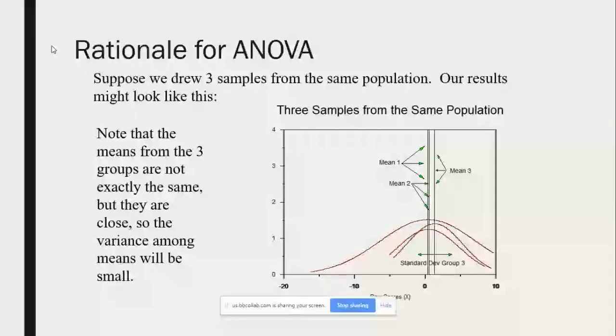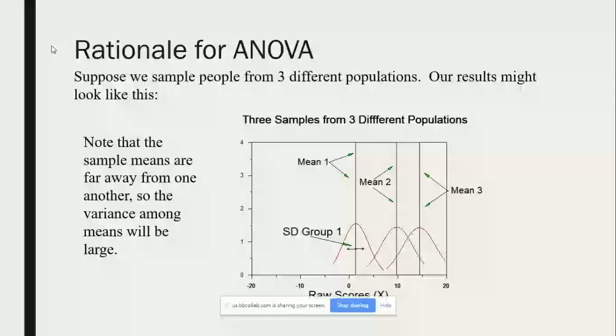From this picture, we have three different means, but they're kind of close, so the variances among them would be very small. When you're actually using the ANOVA, it says analysis of variance, but we're testing the means. So what you're essentially doing is testing the differences in the means via the variances. That's basically what's going on with the ANOVA.